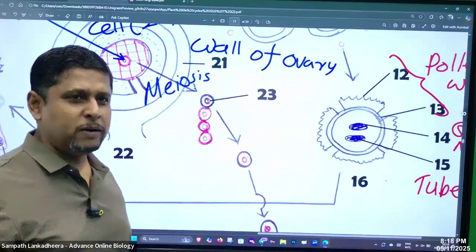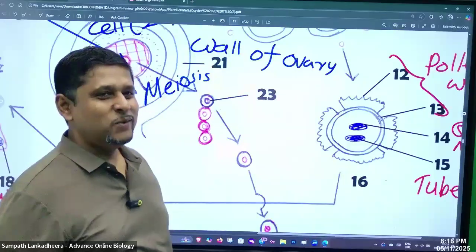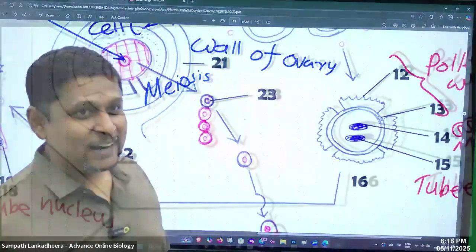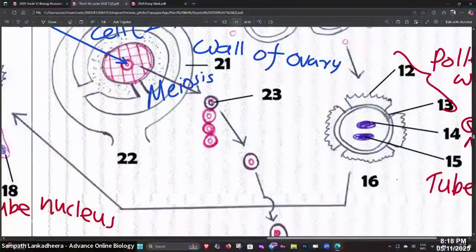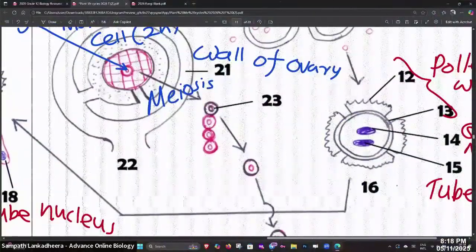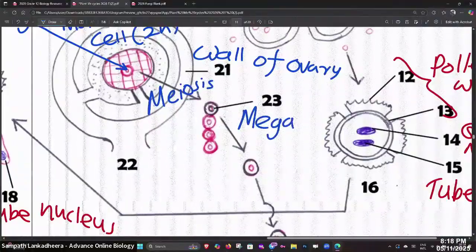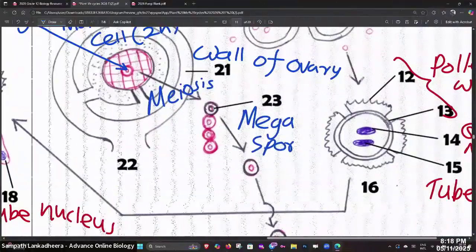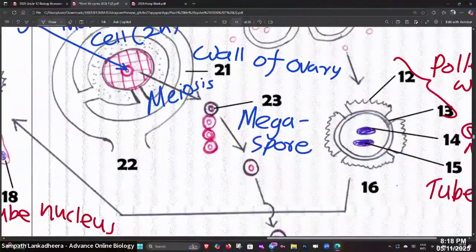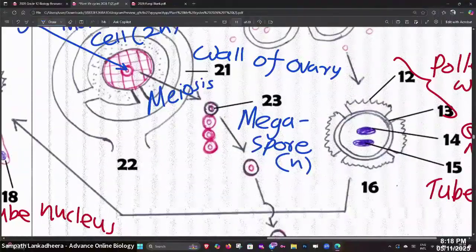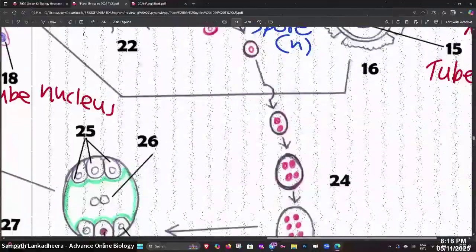Or else you can say macro megaspore. You're not wrong. You are absolutely correct. I'm taking 23 as megaspore, one word. Megaspore is haploid, right, people?